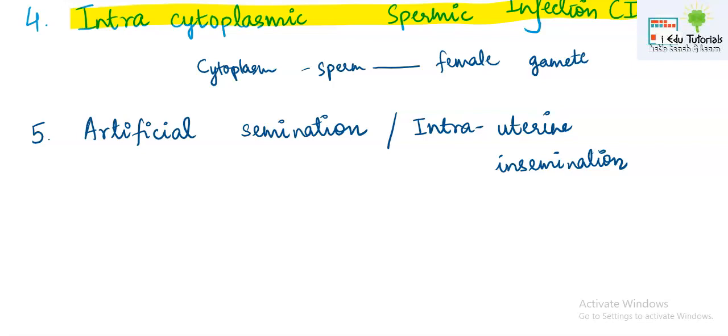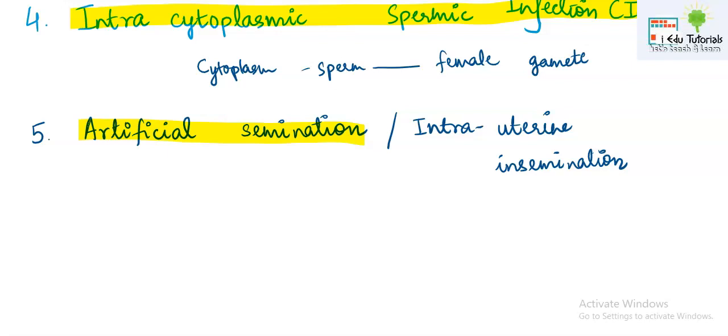Sometimes the male partner is not able to produce a high number of sperms. In this case, sperms are collected at periodic intervals, and once their number goes high, they are used for fertilization purposes.